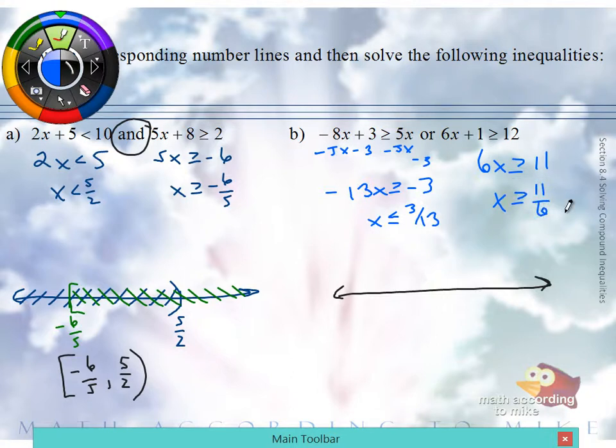What happens to the inequality for the first one? Yep, because you divided by a -13 in this case. So please be careful with that.